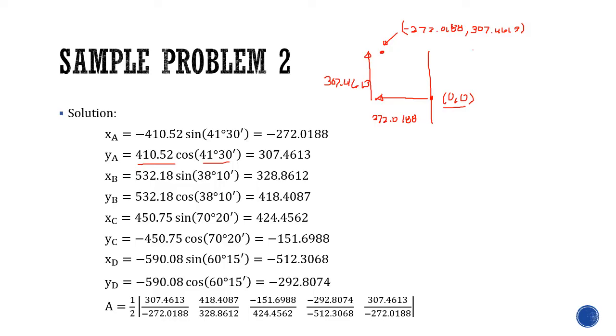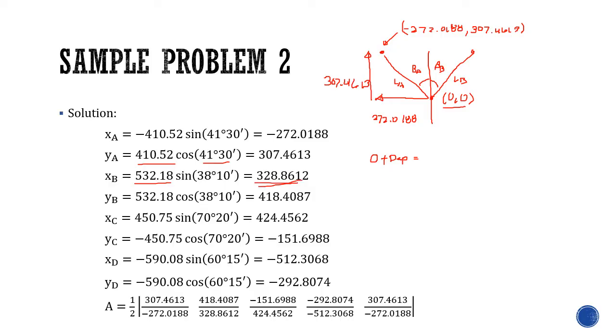Paano naman yung B? Nandito yung B. You have this length and this bearing of B. To get the x coordinate of B, starting plus the departure of B. The departure of B is 0 plus this number, edi yun din.